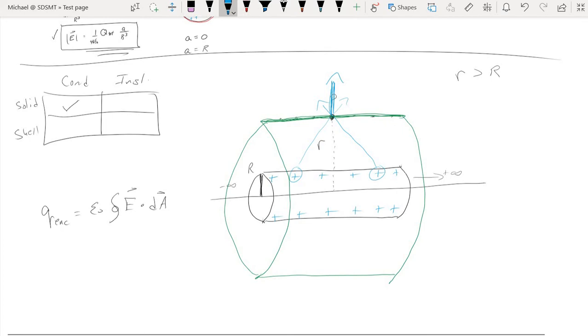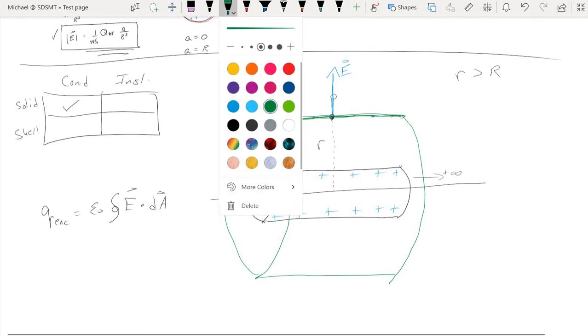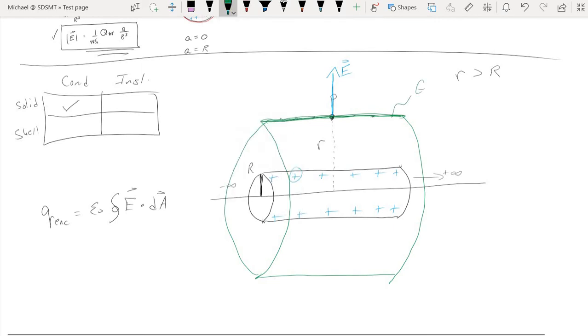That means that for every field component, I'm going to backtrack here a little bit. That means that for every field component that passes through the surface of our Gaussian surface, so that's what we have here, every field vector that passes through every infinitesimal piece of area is parallel.